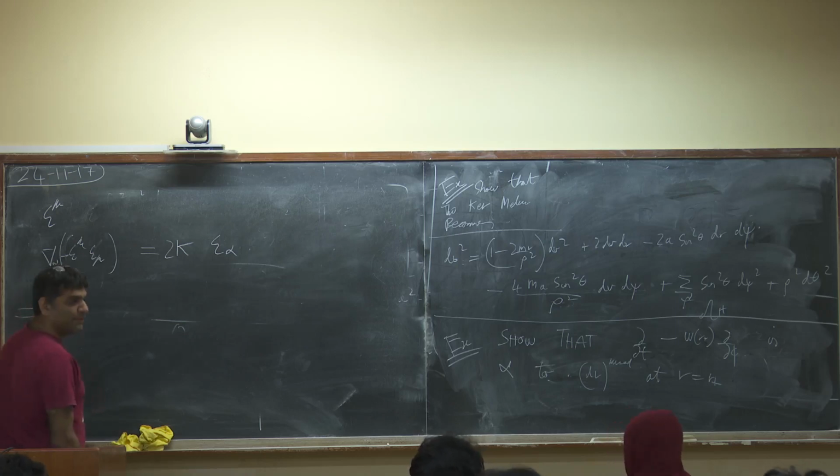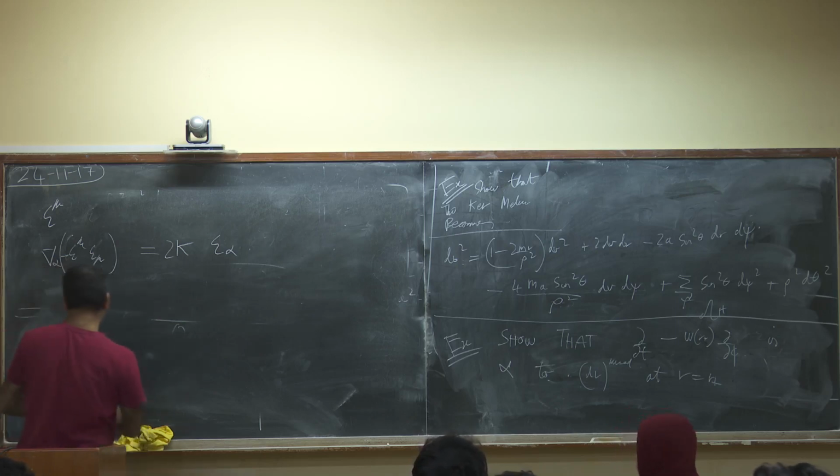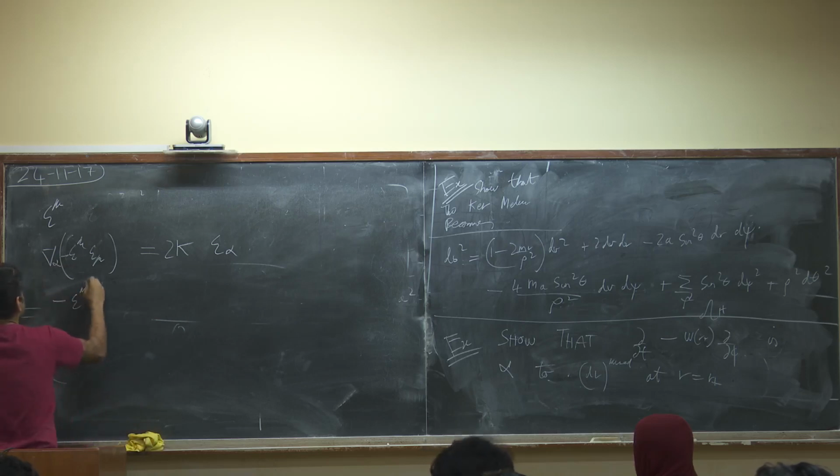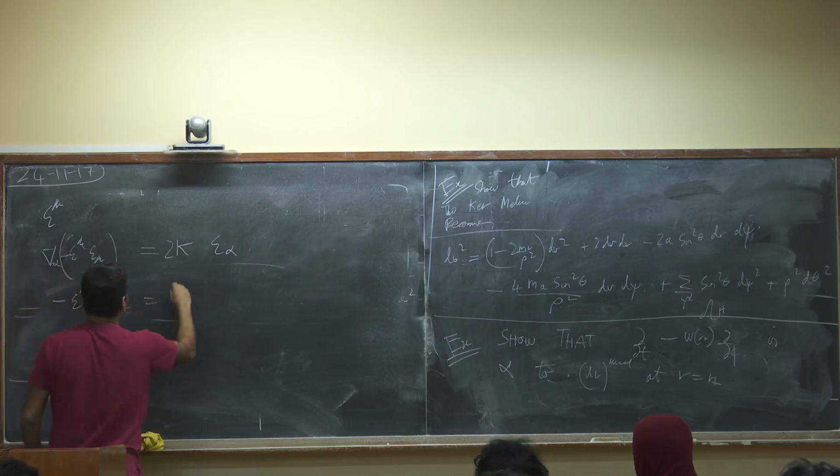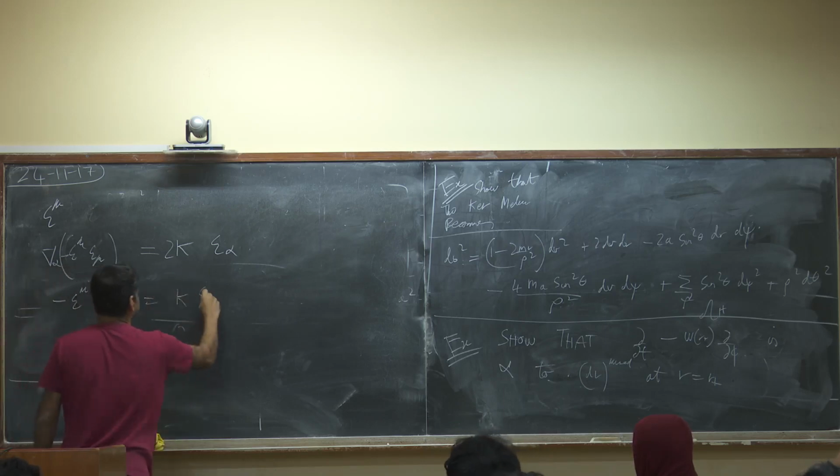Now this, of course, I can evaluate by the chain rule. So that's zeta. This is minus zeta^mu del_alpha zeta_mu, which is equal to kappa zeta_alpha.